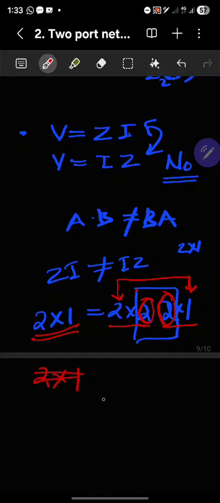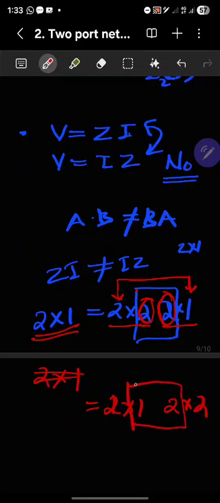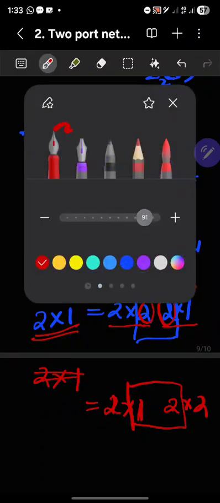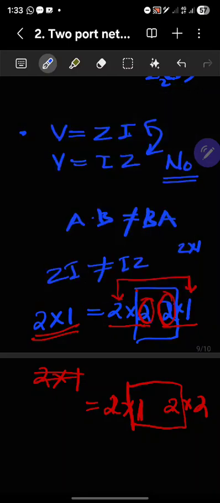Similarly, if you reverse it, 2 by 1 multiplied with 2 by 2 is not possible because these two are not equal. The number of columns of this matrix is not equal to the number of rows of this matrix, so the matrix multiplication is not possible. This is just a hint about matrix multiplication.